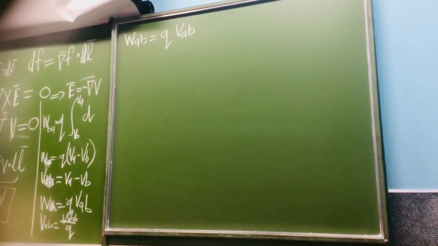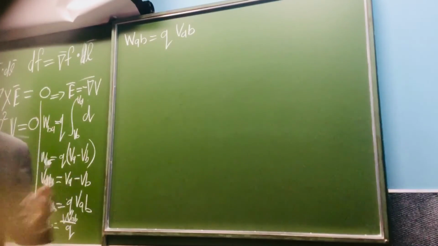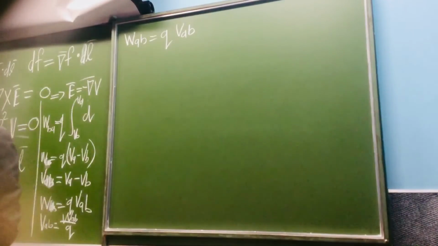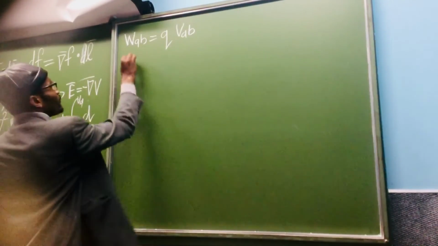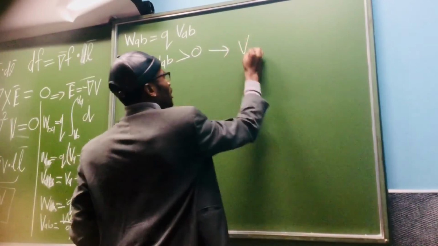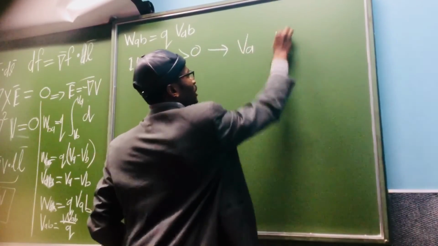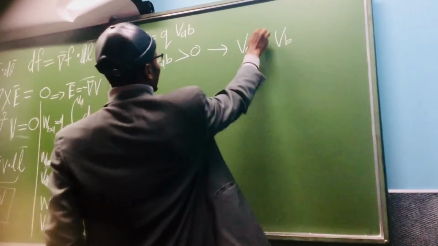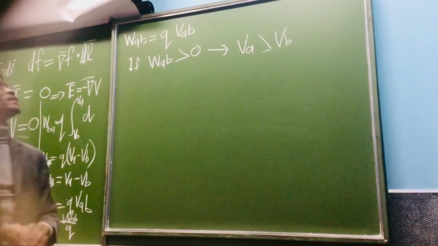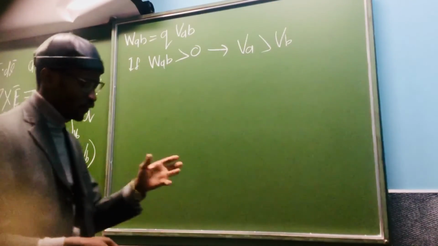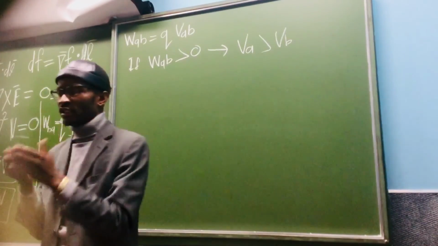We notice something: if we let the potential difference be some positive value, in other words, not equal to 0, so if WAB is a positive value, this should imply that the potential at A must be greater than the potential at B. Having that, it means that the external force acting on the charge in the field E is increasing.